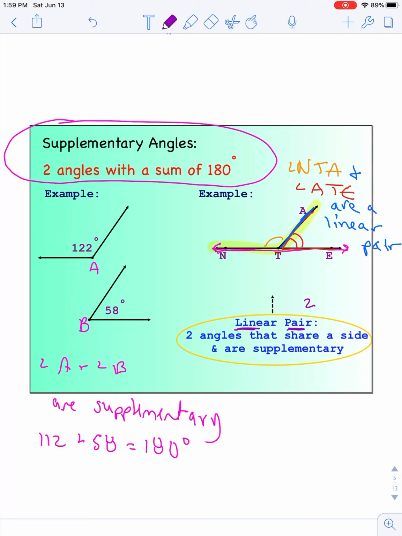So you have two angles that form a line, that is a linear pair. And we know that this together is a straight angle, so that's how we know that is 180 degrees. So the other half is also 180 degrees. So there's supplementary angles, and then there's kind of a special case of supplementary angles called a linear pair.